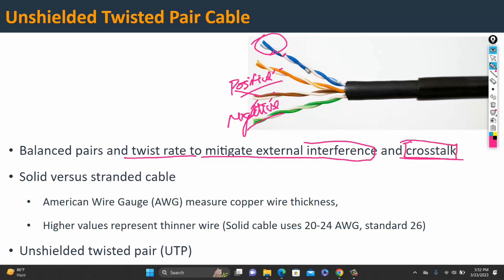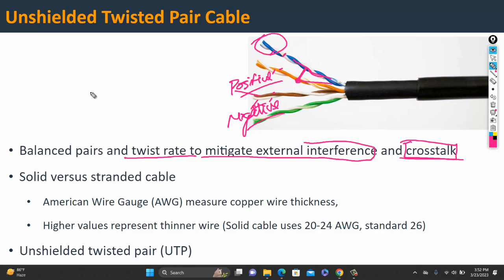Crosstalk means when your data is going in this cable and it is going to affect the data in other wires.